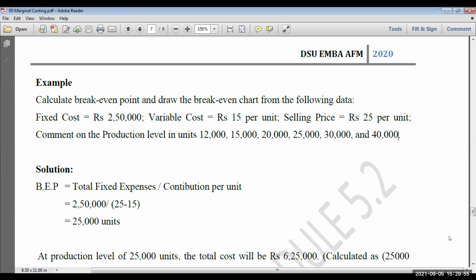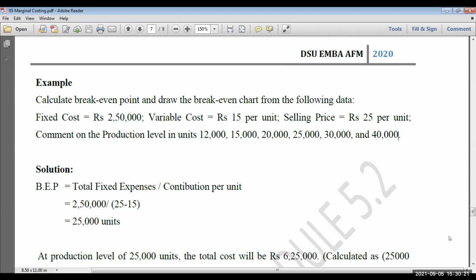Can anyone tell me what is the break-even point in value? What is the amount of break-even sales? 25 lakhs. How much?